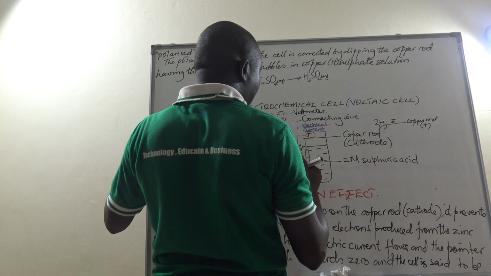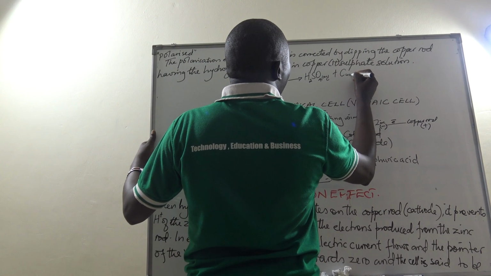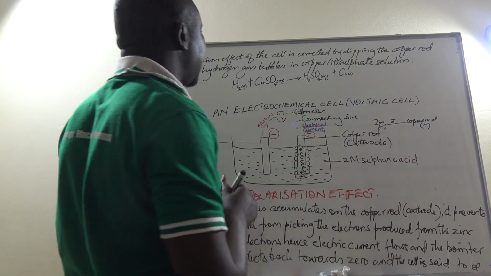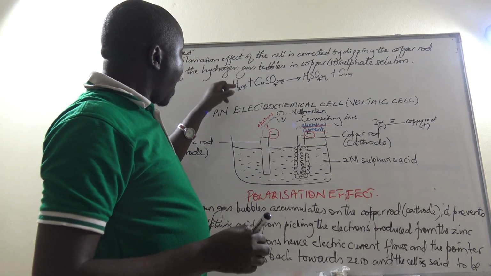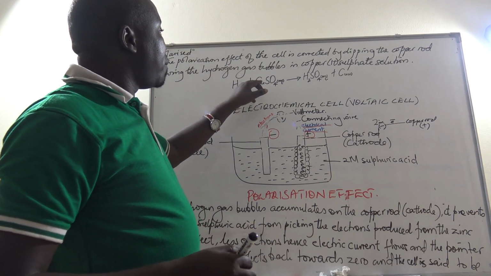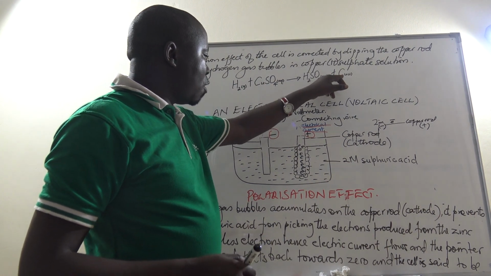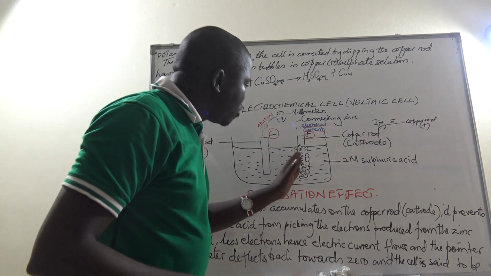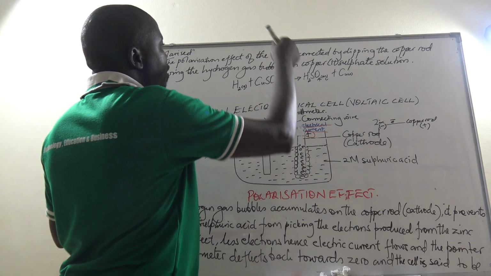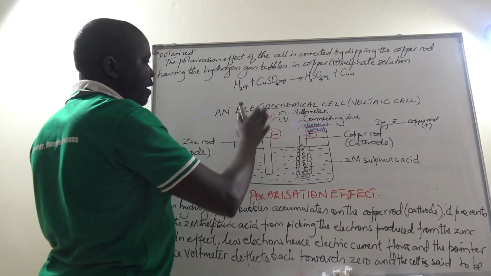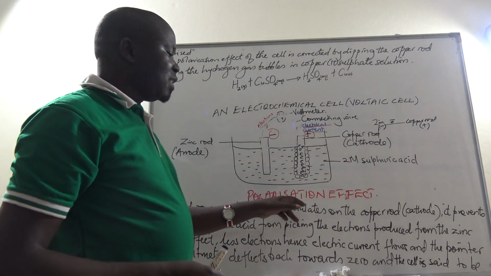Dilute sulfuric acid will be produced together with the same electrode, which is copper, will also be formed. This one is just a simple displacement reaction, whereby in this case hydrogen will displace copper from the copper II sulfate solution, and in this case we shall get dilute sulfuric acid and copper will be deposited, which is the same electrode being used in this case. So that is how polarization effect can be corrected in an electrochemical cell. So that's what we call the polarization effect.